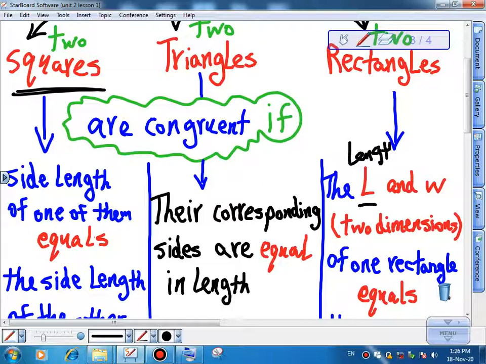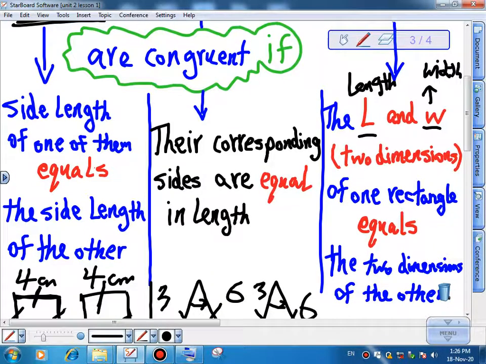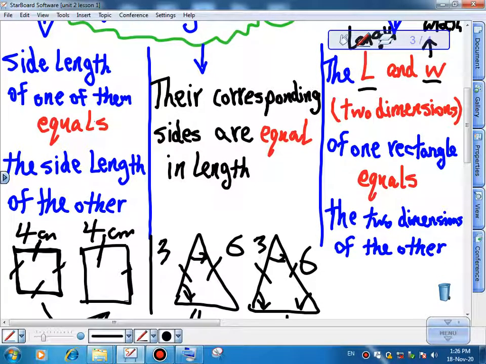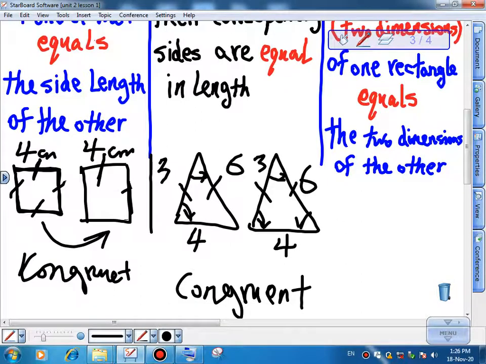I have learned before that any rectangle has two dimensions, length and width. If the two dimensions of one rectangle are equal to the two dimensions of the other, I will say that these rectangles are congruent.